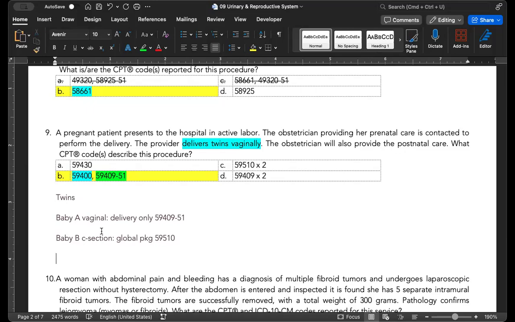Okay. So if you have a successful VBAC, then that means that we were able to push the baby out of the birthing canal and it comes out the vaginal area, right?